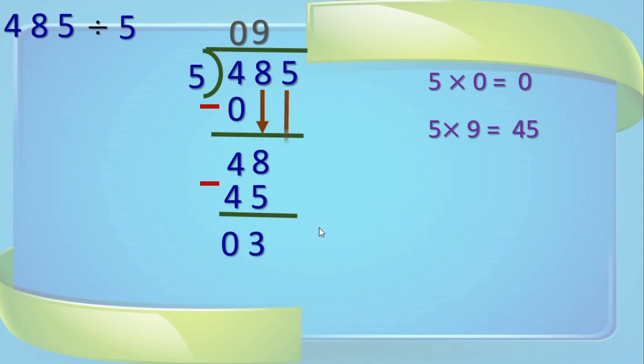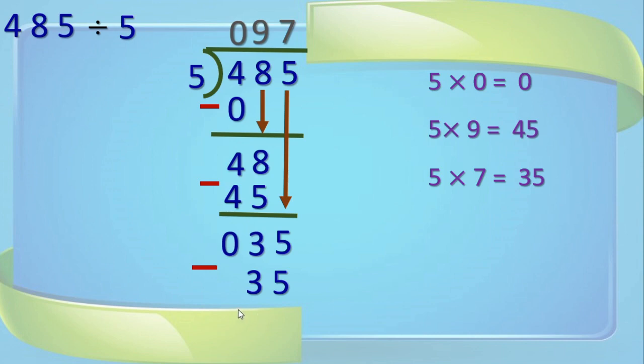We will take this 5 down. Now it became 35. And in the 5 times table we get 35 at 7 times. 5 multiplied by 7 is 35. 5 sevens are 35. So here we will write 7 and write 35 below this 35.